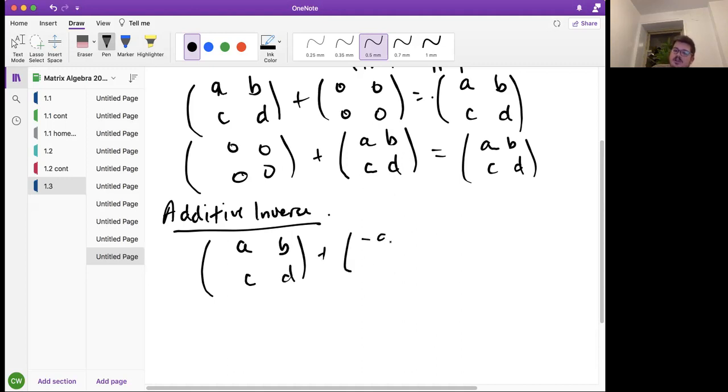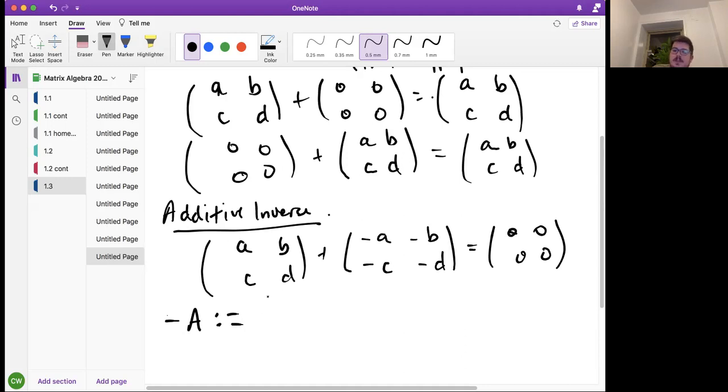It's the matrix where all entries are negative, and that sums to 0. So negative A is defined as, well, what are the entries in negative A? You could say the ijth entry of negative A is equal to negative Aij. So the entries in negative A are just the negative of each entry. Okay, questions on that?